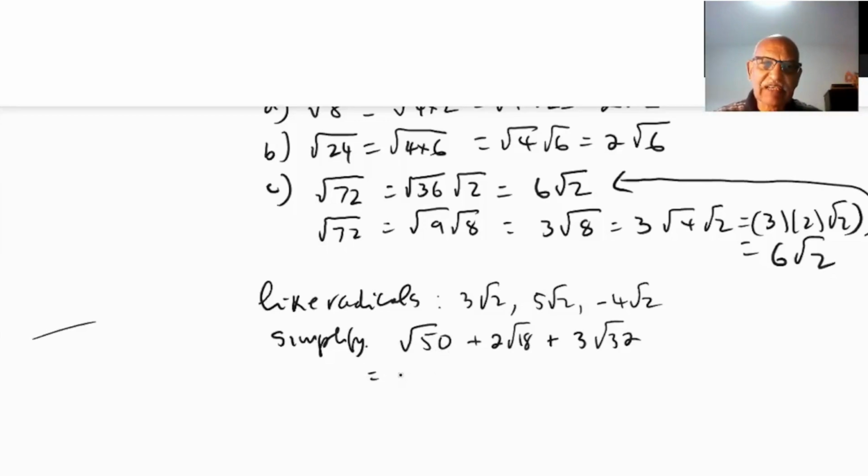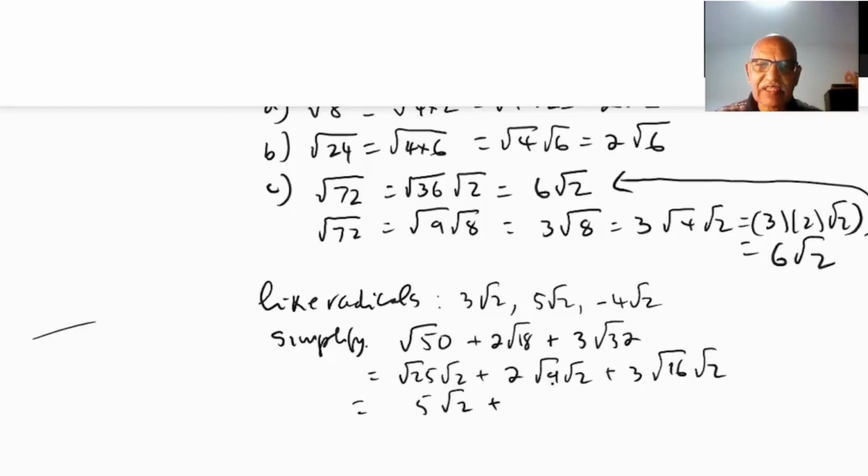Square root of 50 can be written as square root of 25 times square root of 2. Square root of 18 can be written as square root of 9 times square root of 2. Square root of 32 can be written as 16 and 2. So square root of 25 is 5 root 2. Square root of 9 is 3, 3 times 2 is 6. Square root of 16 is 4, 4 times 3 is 12.